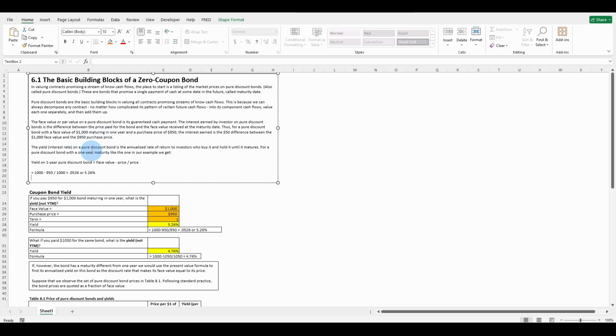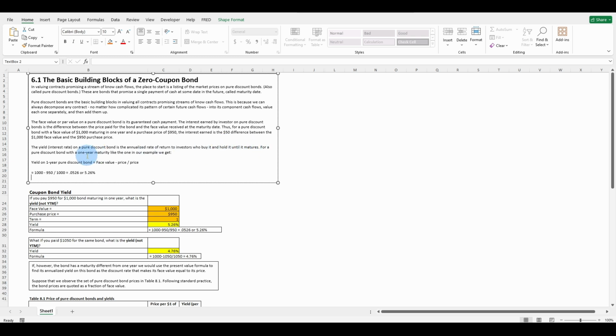Keep in mind, you always buy zero coupons at a discount. $50 is the interest earned, and the yield, or interest rate, on a pure discount bond is the annualized rate of return to investors who buy it and hold it until its maturity.